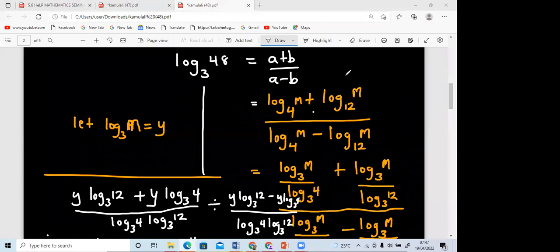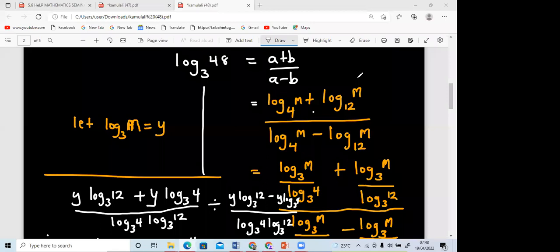Pastor, is it possible to start from the left? Yes, it is very possible. Have you tried from the left? Because when they tell you to prove, you can come from either end.